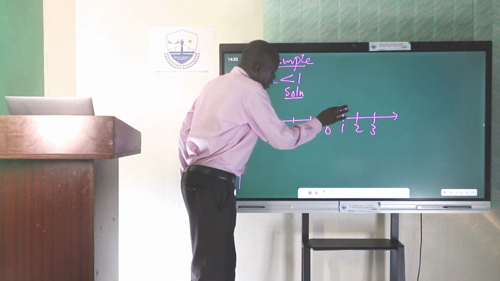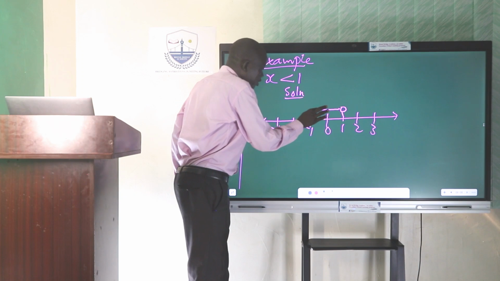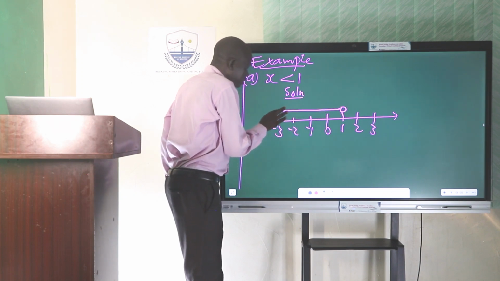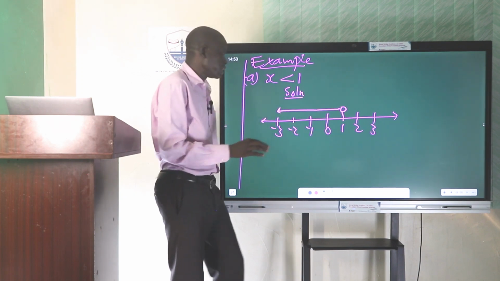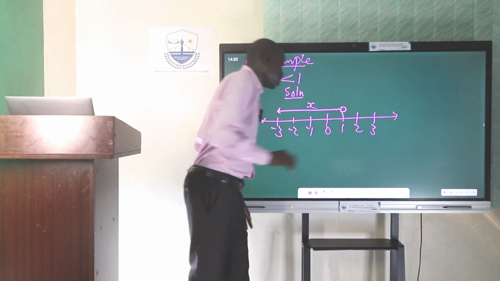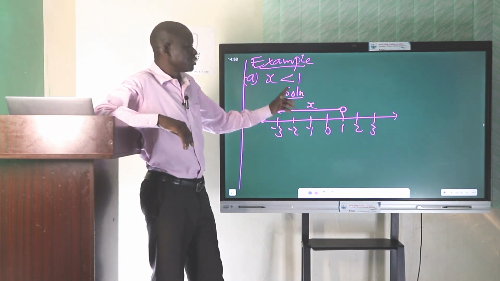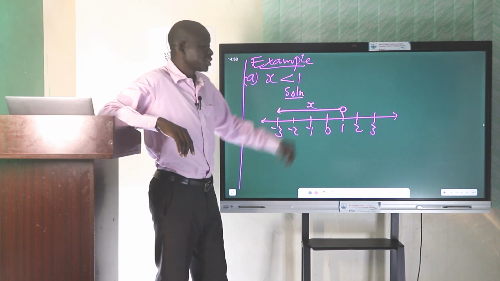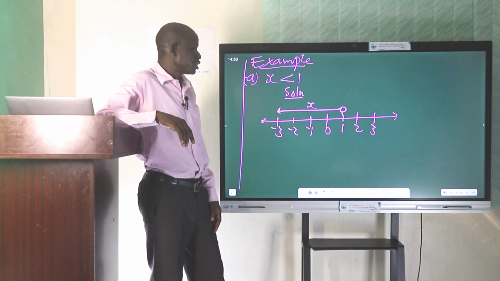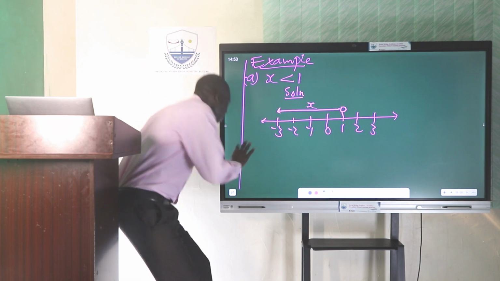So we draw a line going in the backward direction, put the arrow there, and put x here. So x is a figure that is less than 1.